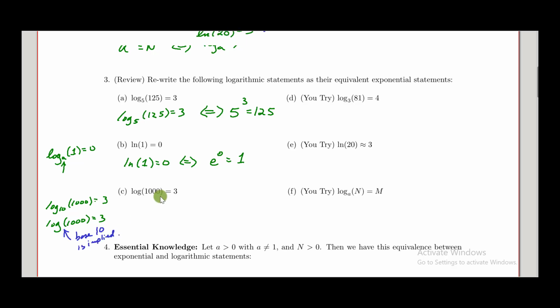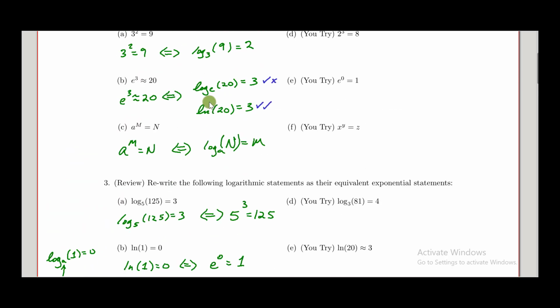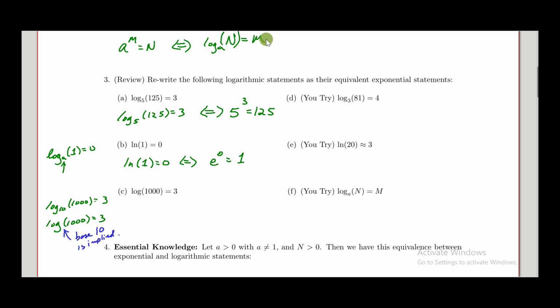Okay. That's similar to up here where you would think you would write log base e of 20, and the base e is implied when we write natural log. So let's go ahead and convert this sentence into its equivalent exponential form. And so this gives us, make sure that's an equivalence, 10 to the third is equal to 1000.